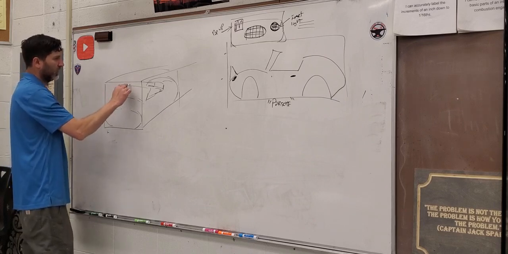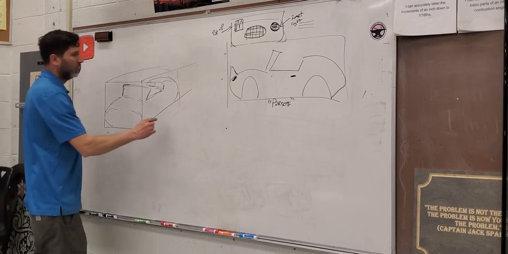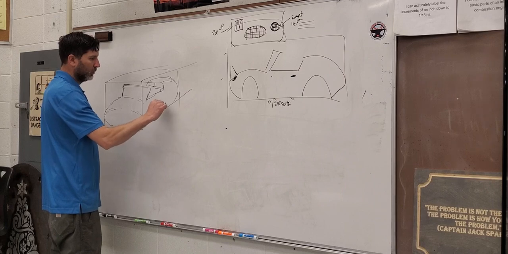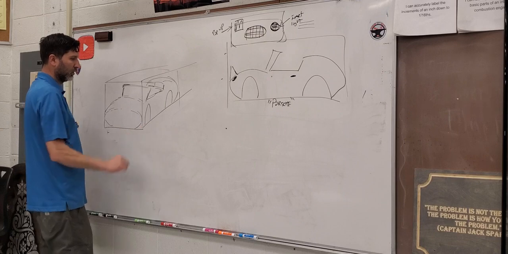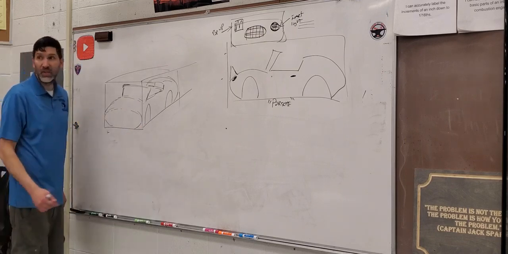Reach the windshield just a little bit taller. Okay, so wheel wells, where the wheels go, I'm gonna put maybe right there and right there. It's kind of starting to look like a car.